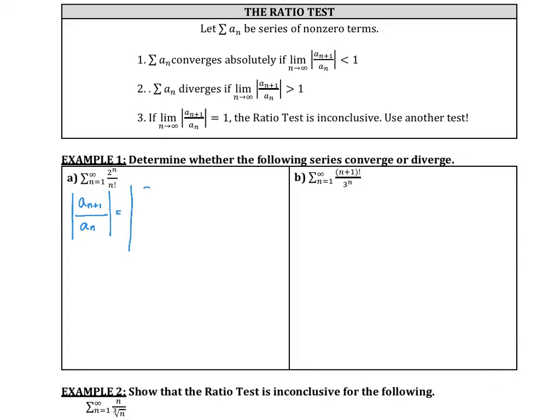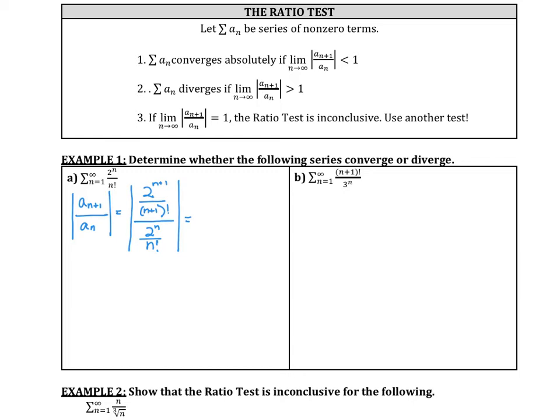So my first step would be to say that this is 2 raised to the n plus 1 over n plus 1 factorial divided by 2 to the n over n factorial. And my job right now is to show its relationship to 1.